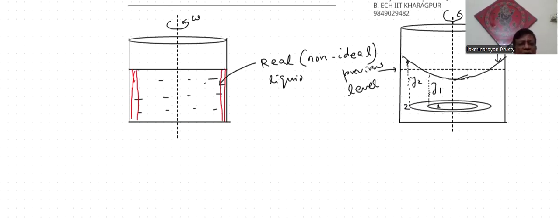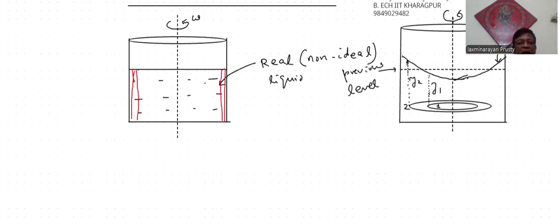So the container will only rotate, but the liquid cannot rotate. The liquid will be stationary, and the surface of the liquid will remain flat as before, even if the container rotates, because it's an ideal liquid. There is no tangential force to start the rotation of any of the liquid layers. Am I clear?